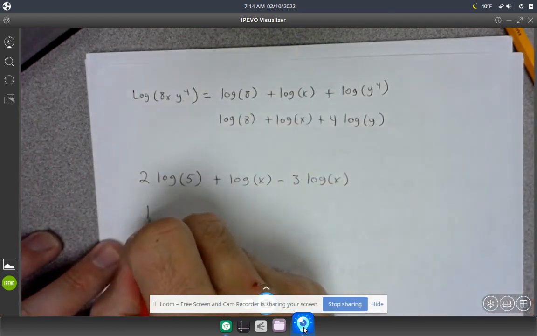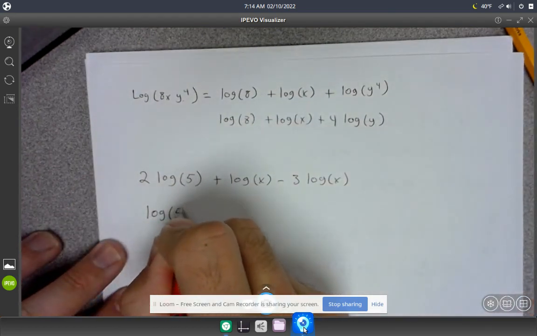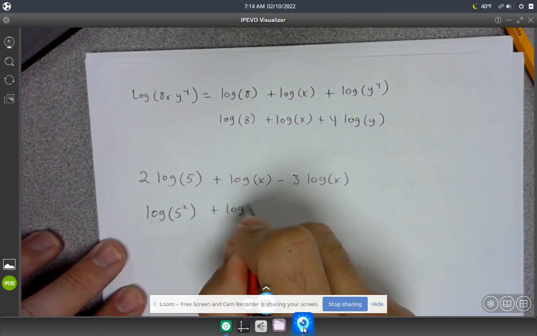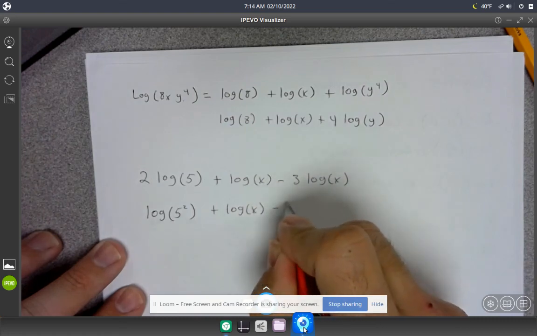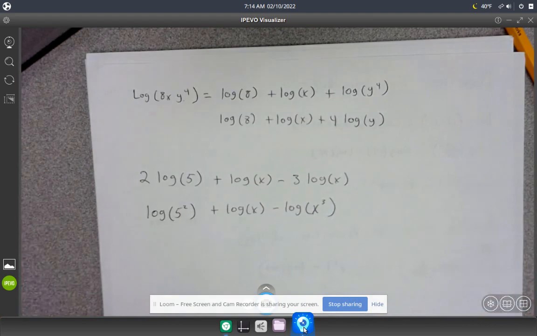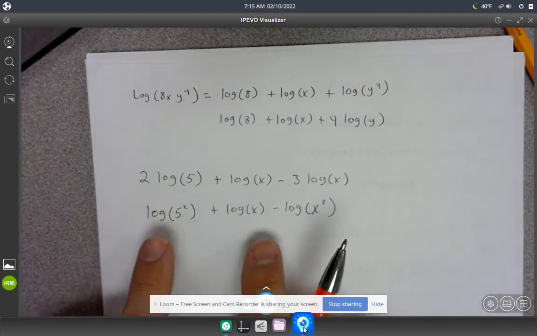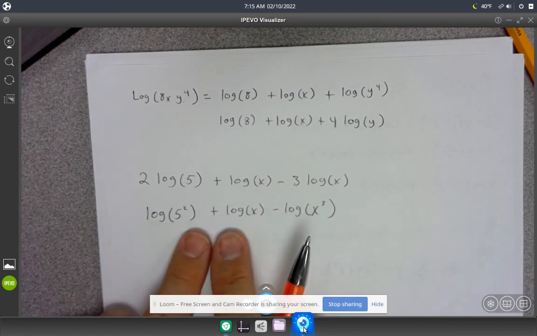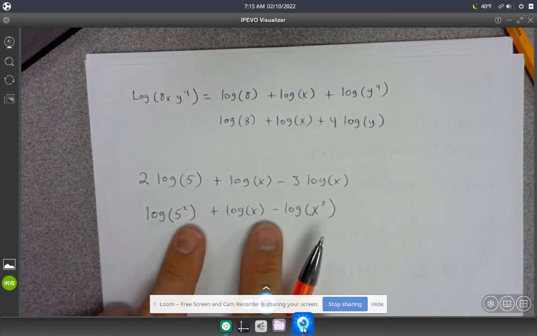So this will be log of 5 squared plus the log of x minus the log of x to the third. There we go. Okay, now these two, since they are connected by addition, I can rewrite them as the product of two logs.